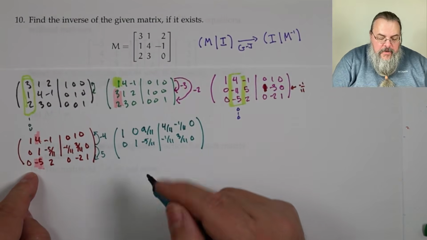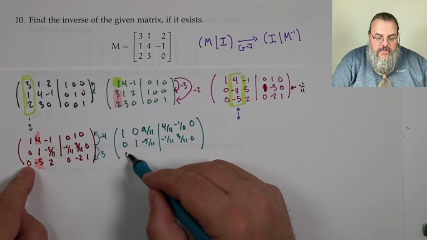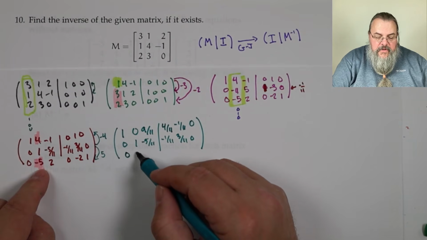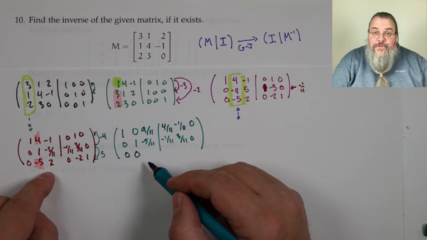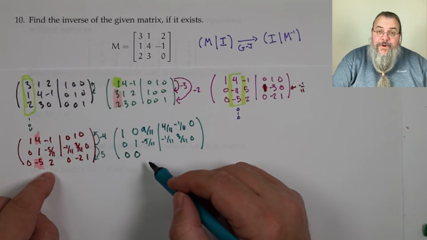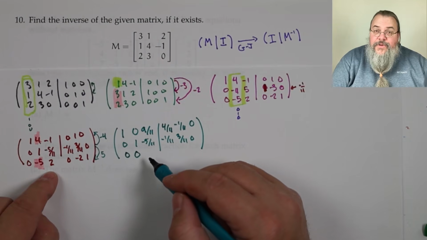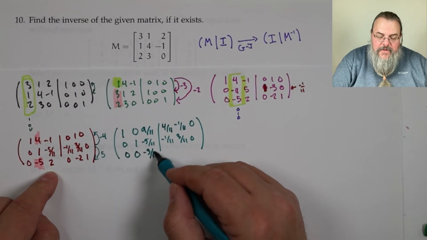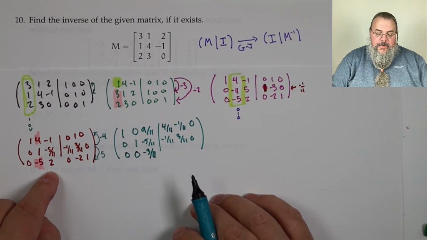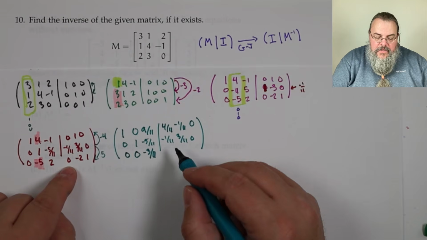Now, what's happening here? Well, we're going to add down. 0 plus 0, 0. 5 plus negative 5, 0. Minus 25 over 11 plus 2. That's like 22 over 11. So minus 25 over 11 plus 22 over 11 makes minus 3 over 11. All right, good. And then we have minus 5 over 11.